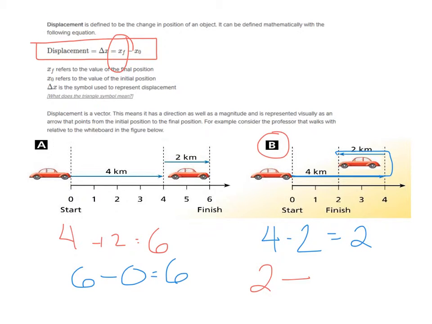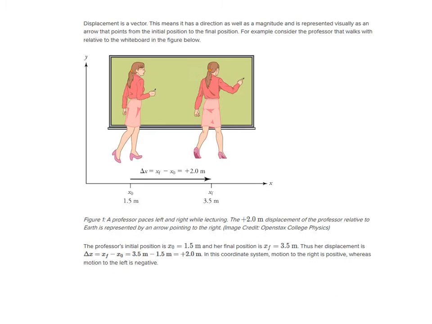Then we subtract our initial position, which is actually, again, 0. So 2 minus 0 equals 2. Notice the answer, again, is the same. However, it's important to notice this difference, especially when you get into more complicated physics.